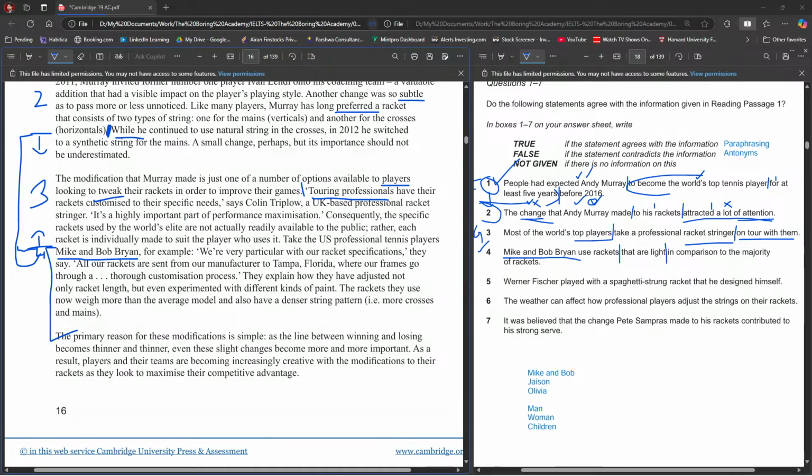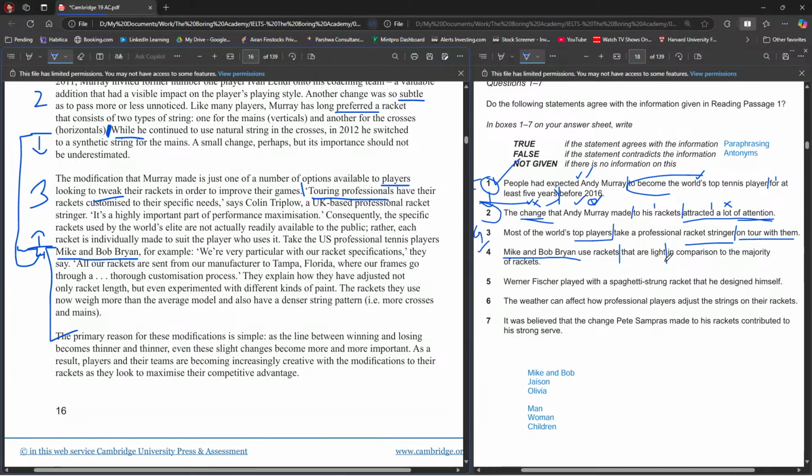Mine is not given, with the rationale that, as per the passage, it's talking about where the racket is, how specific it is, or where it comes from, how it's been manufactured. But from the question, they are telling us that they use rackets that are light in comparison to others. There's nothing like comparison in the passage.